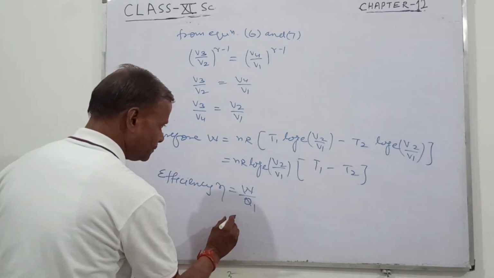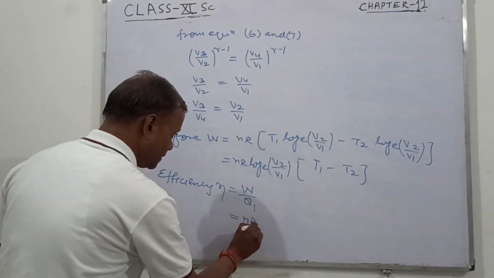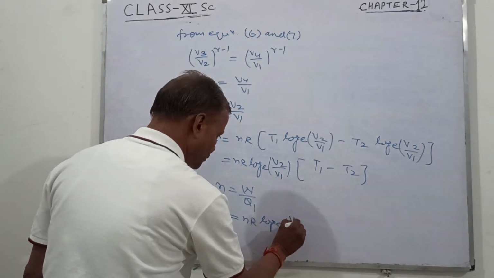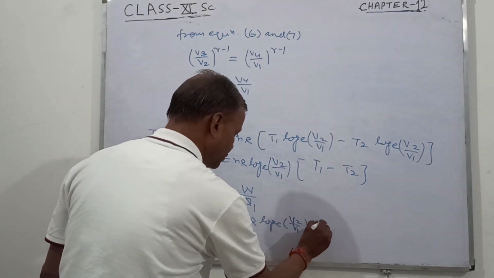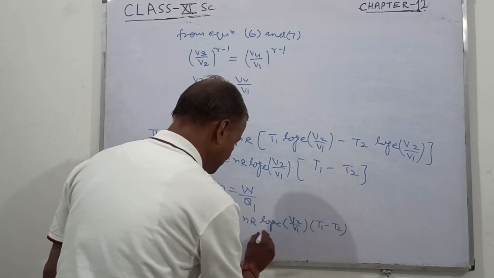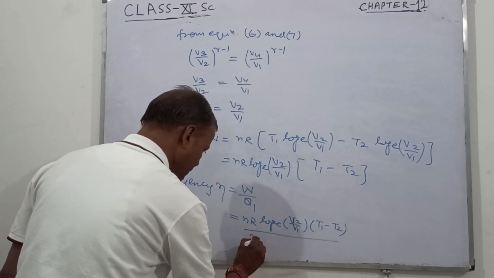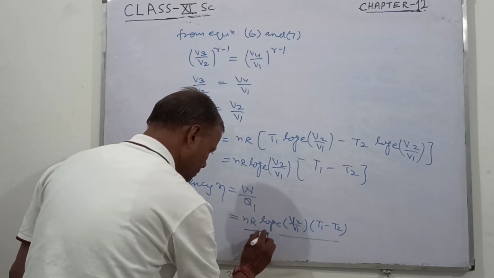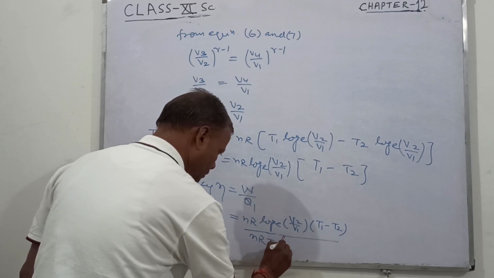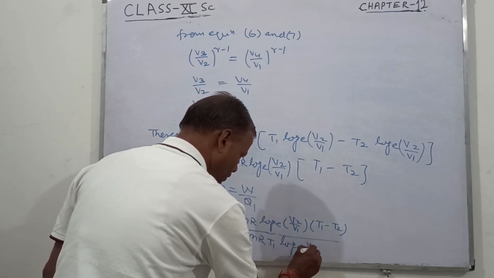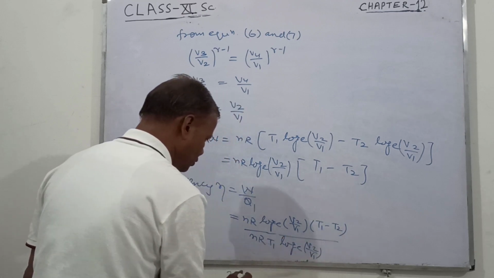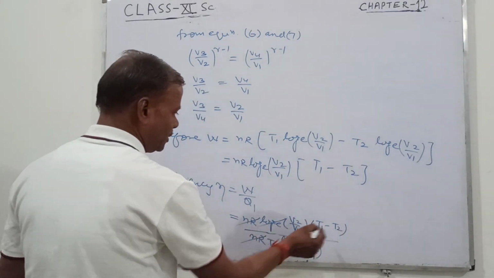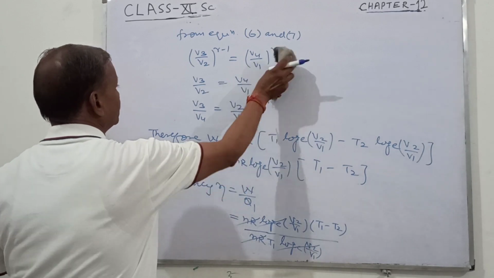So this is nR log e V2 upon V1 into T1 minus T2 upon nR T1 log e V2 upon V1. So this nR will cancel and this log will cancel. So we will have T1 minus T2 upon T1.